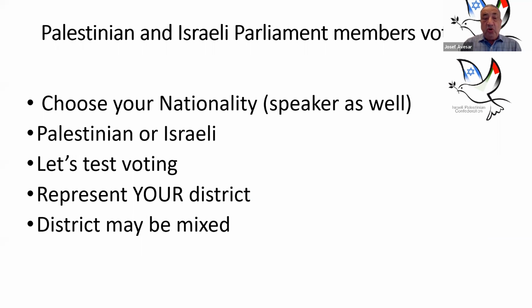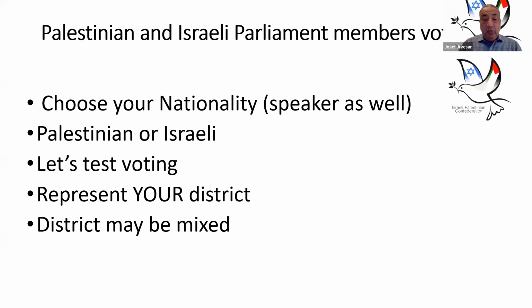In order for this simulation to work, I need volunteers. I need someone to act as Prime Minister of Israel, someone to act as Hamas leader, and someone to act as a PA leader. Let me tell you why we need them.